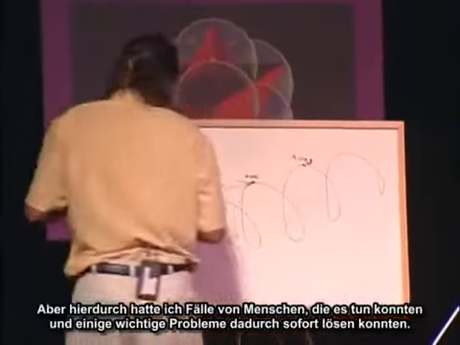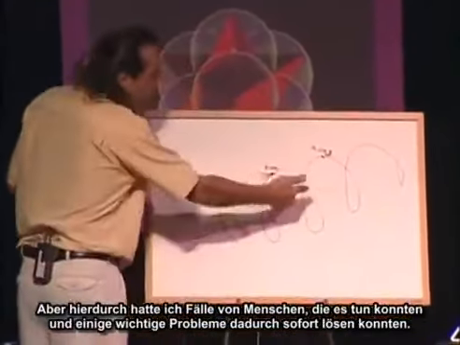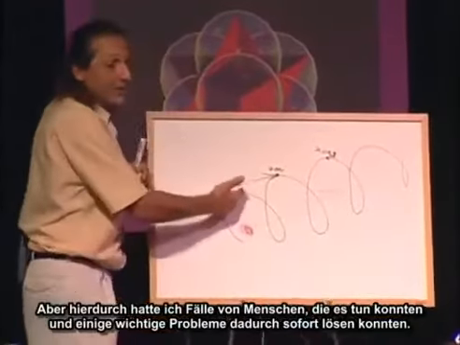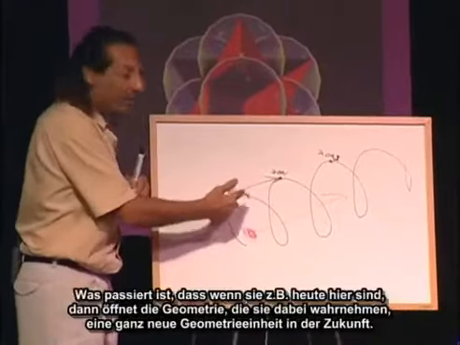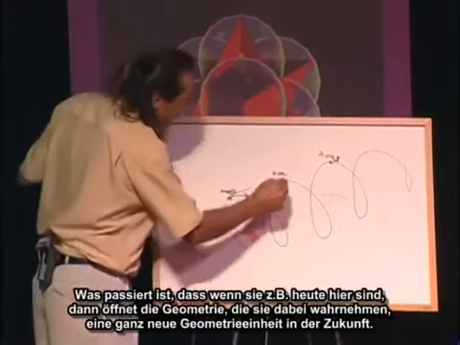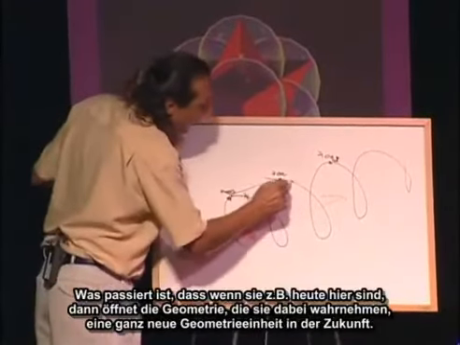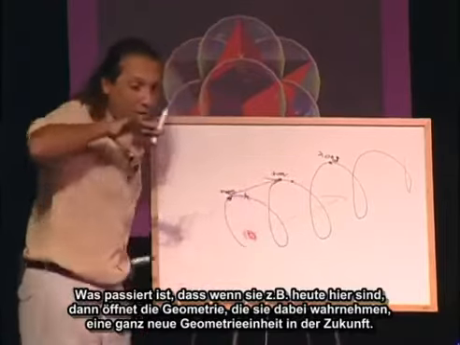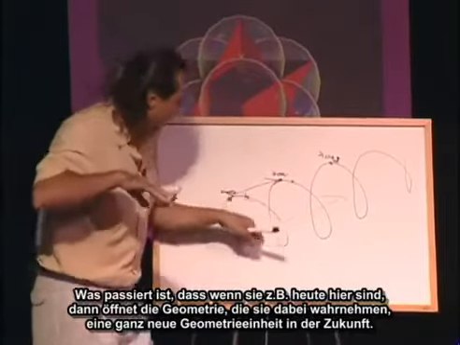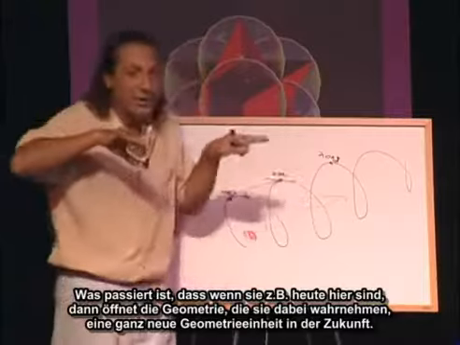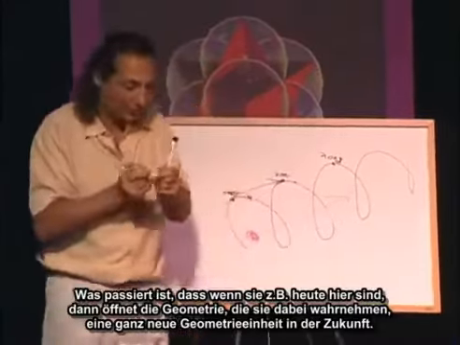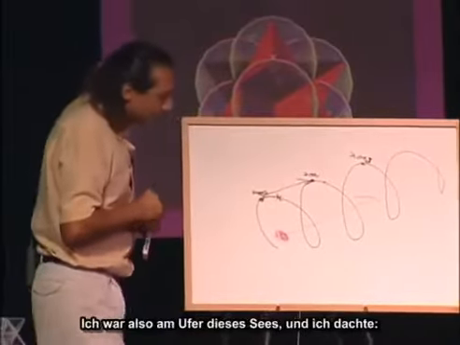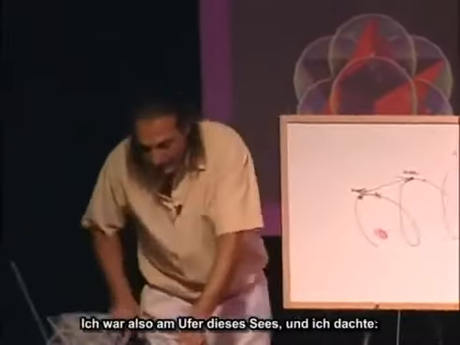But here, I've had instances where people were able to do that and solve some very, very important issues immediately. And what happens is that if they're there in present time, then all the geometry that catches up with them now opens a whole new set of geometry for them in the future. So that was really exciting.